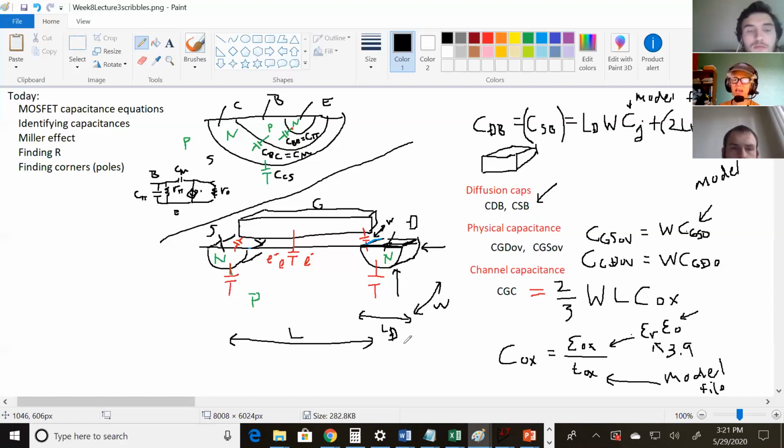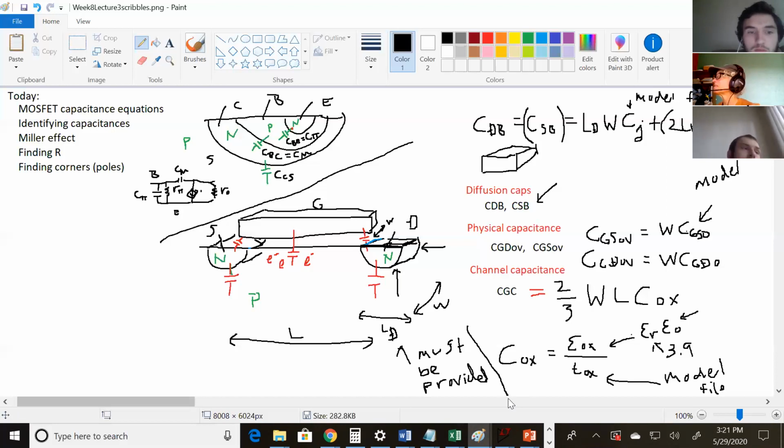So somebody actually has to give you this. This must be provided. If that makes sense. Somebody has to give that to you or you can't calculate capacitance.